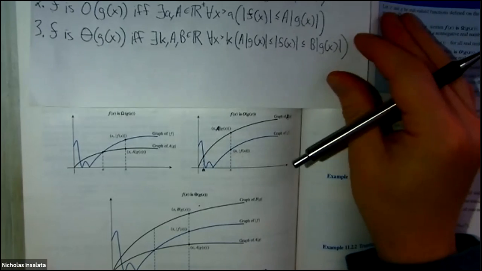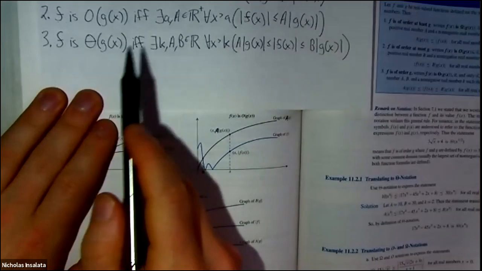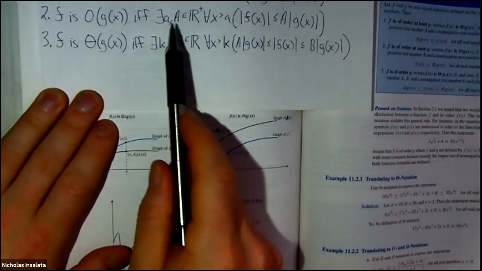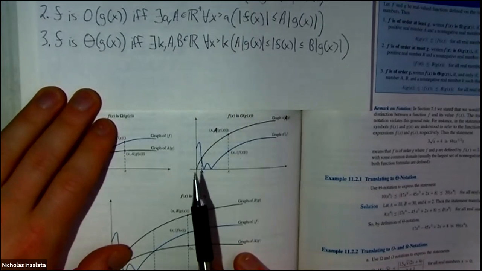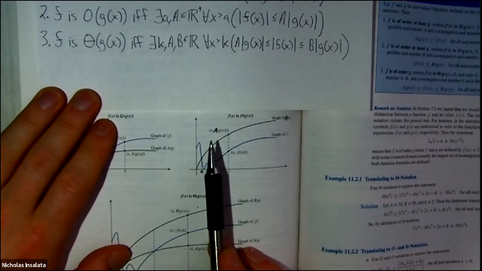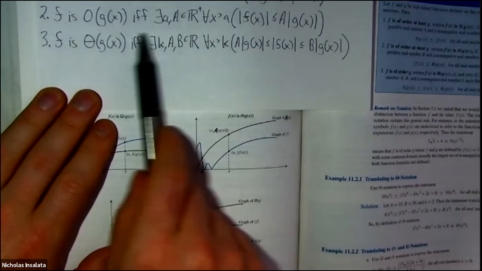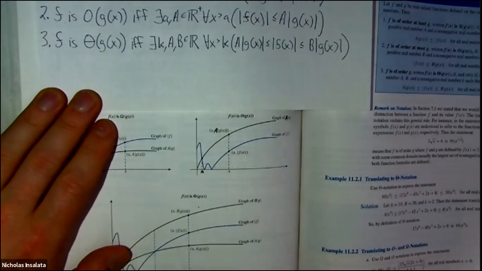Okay, so there's my big O definition. I've got this little a thing going on here, and the capital A as well. Let's talk about both of the A's. So I have little a and big A. Here's my definition of big O right here.